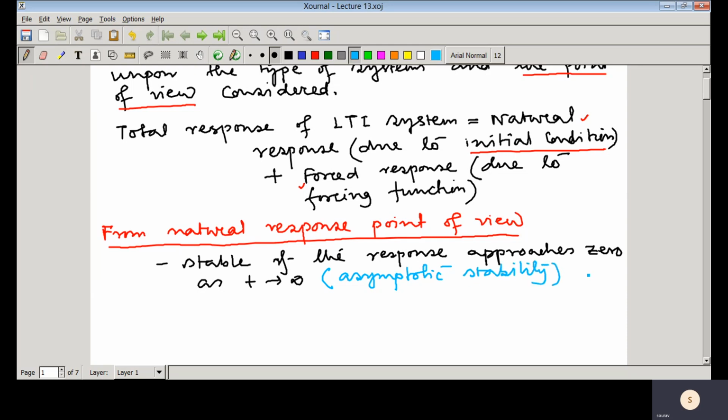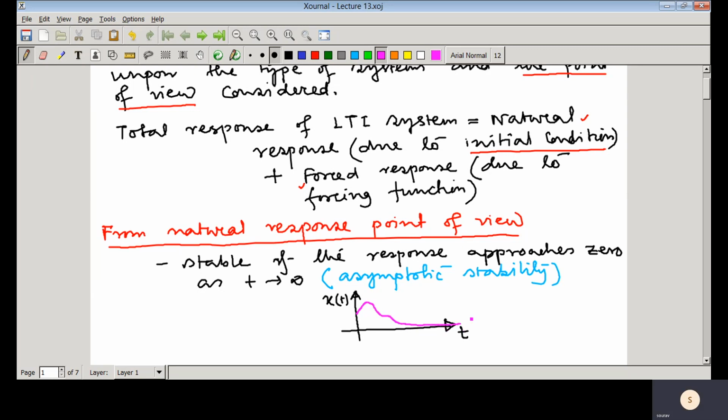Whenever you have a system, suppose that system has some initial condition. Suppose this is the time response of that system, x(t). Now the response that we would have is only because of that initial condition. Suppose that response is like this.